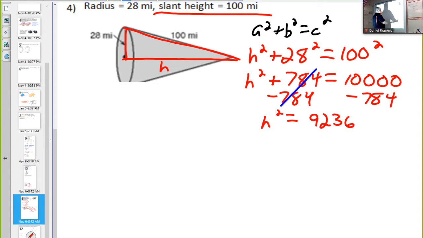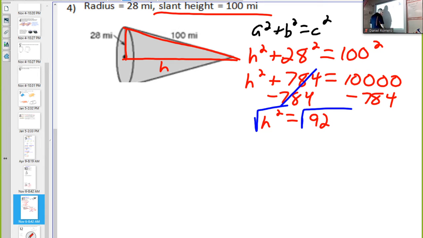Our best bet would be if this is a perfect square. So I'll try to take the square root of 9236. But it gives me a decimal. Since we didn't have that much time yesterday to do this, did I put that wrong? It's not. What was it? 9216.